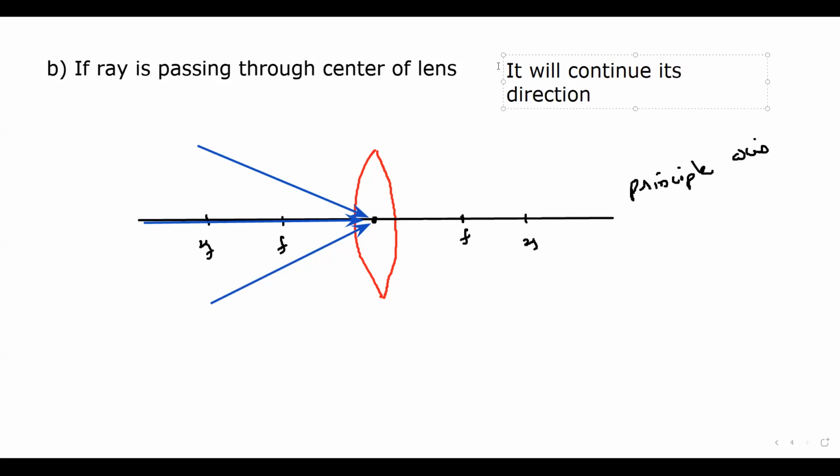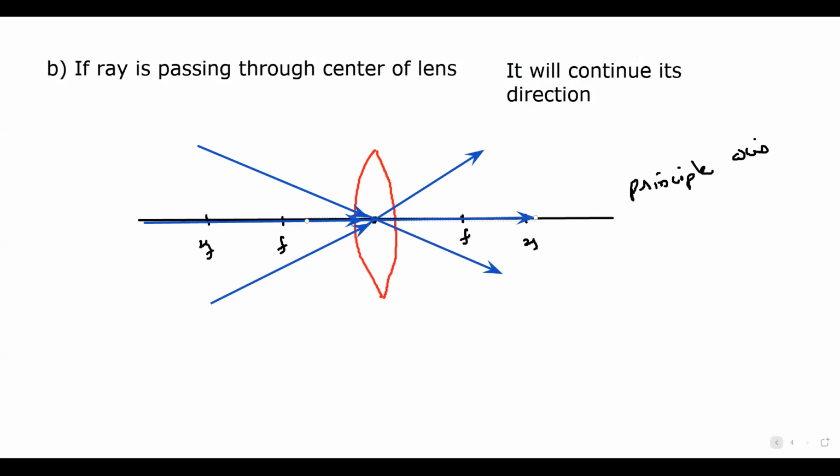It won't change the direction, it will continue to move in the same direction. So if the ray of light is passing through the center, it will pass straight, it won't deviate.